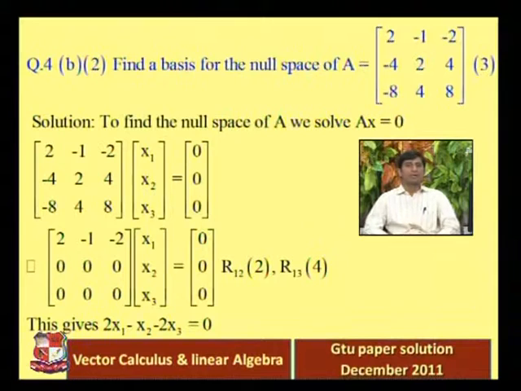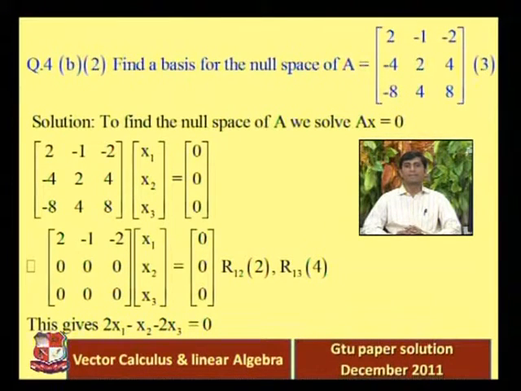Now to find the null space, first of all we have to solve this matrix in the equation form Ax = 0. A is the given matrix, x is the column vector x1 x2 x3, and 0 is also a column vector 0 0 0.